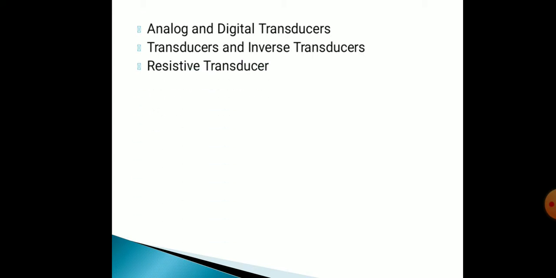Resistive transducers. The resistance of such a transducer changes as per the input signal. Resistive transducers are preferred over other transducers because these work equally well for AC and DC.